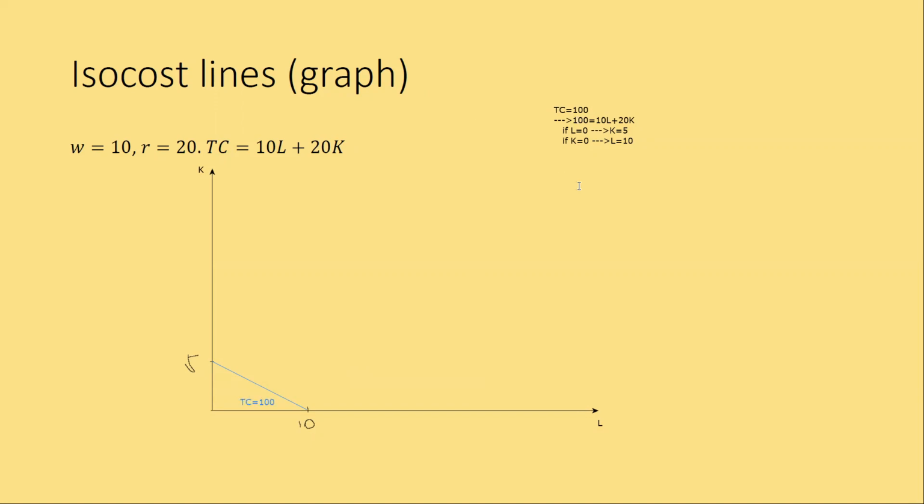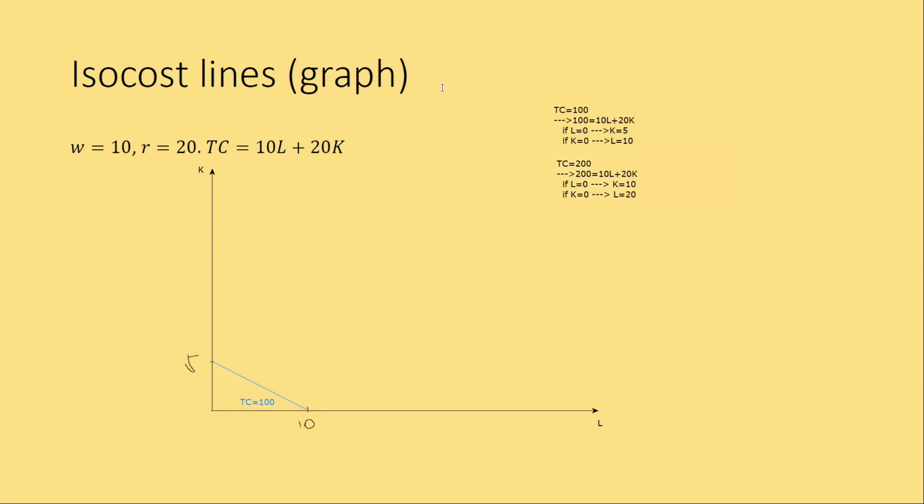Now, if we want, we can draw a different one, that is TC equals 200, for example. Then that is basically drawing 200 equals 10L plus 20K, right? And to figure out those intercepts, if L equals 0, we have K equals 10. And if K equals 0, we have L equals 20.